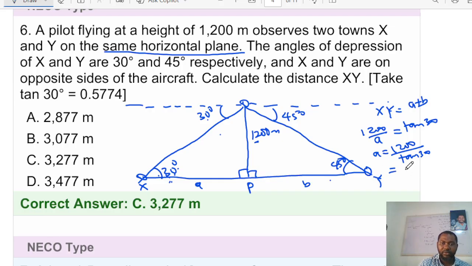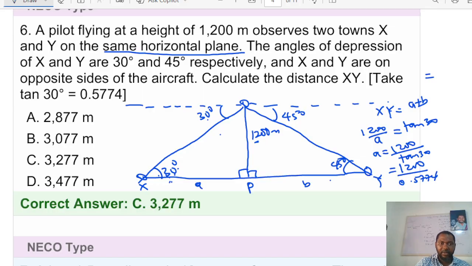Which is going to be equal to 1200 divided by tan 30, that will be 1200 divided by 0.5774, and that will be equal to, let me use my calculator here, 1200 divided by 0.5774.